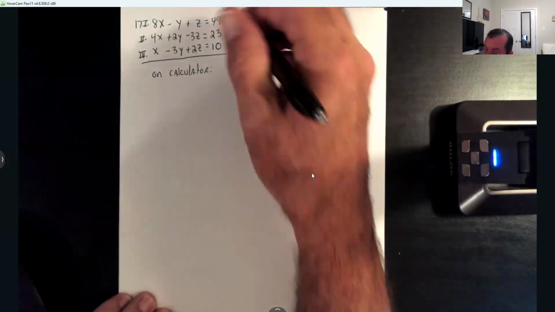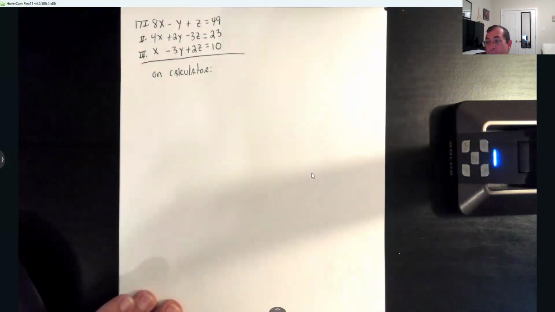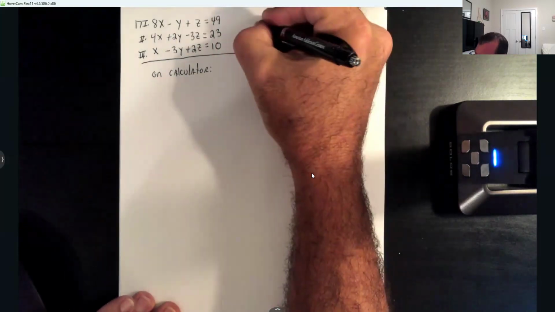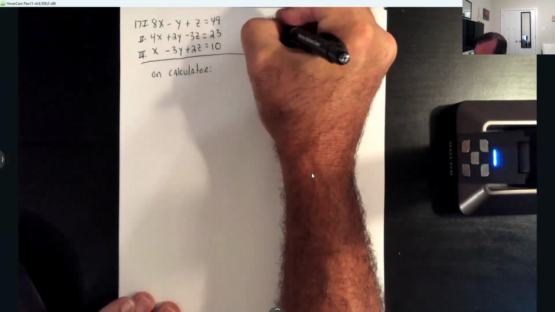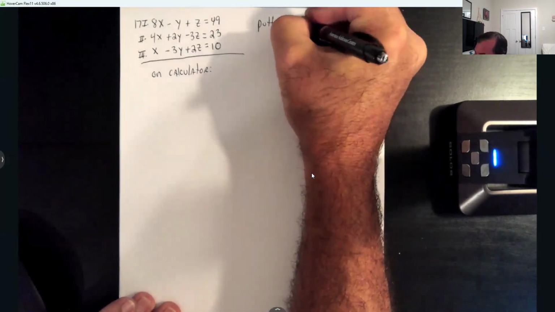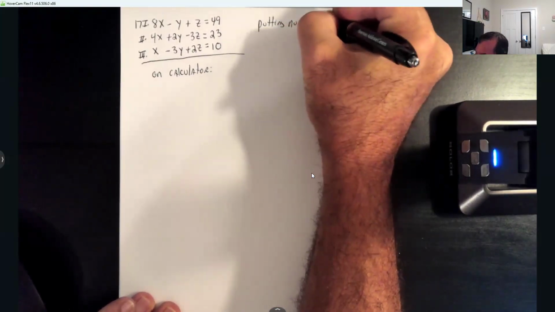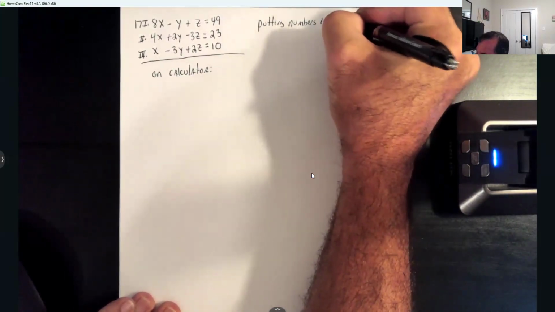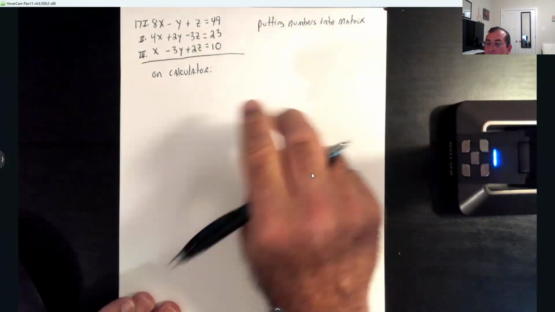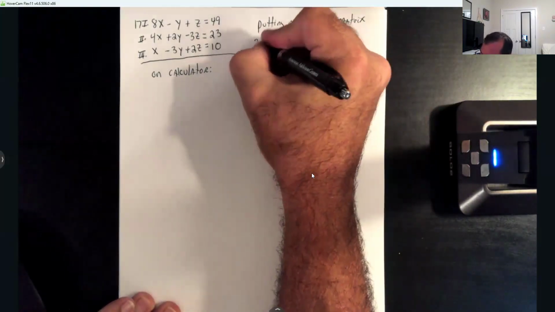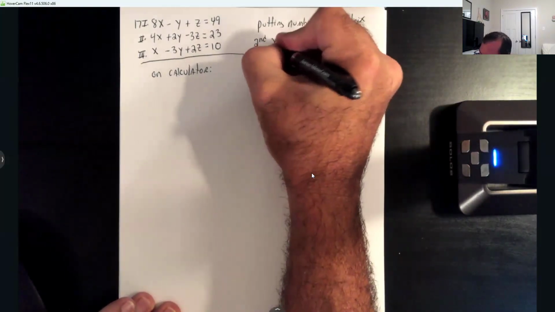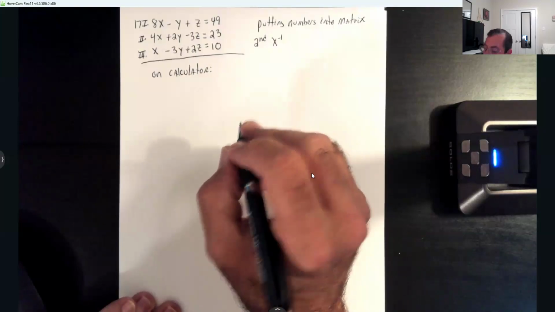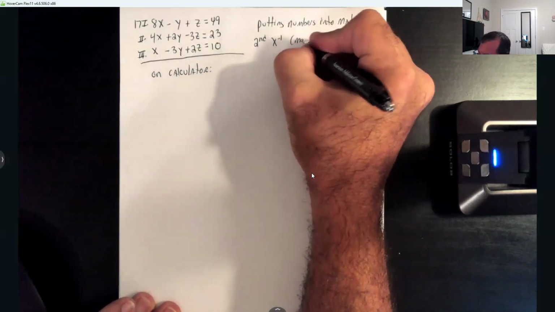Now, since we're doing it on calculator, I'm going to actually write my steps over here. So first I got to put my numbers into the matrix. So for that, I start out hitting second, x negative 1, because that takes me to the matrix stuff.